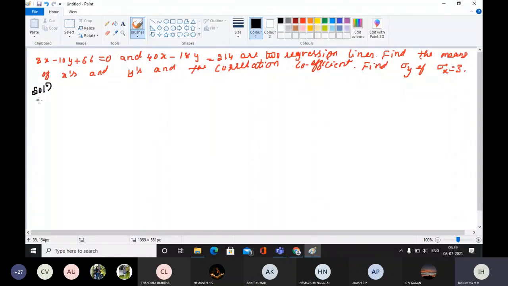Go for the solution. First, write the data that is given. They are given two equations, which are the two equations of regression lines. Since we have to find the means, as we know, the regression lines are passing through which points?